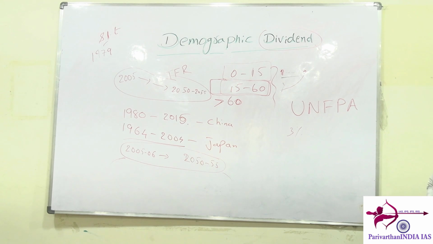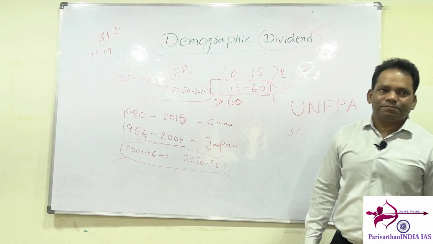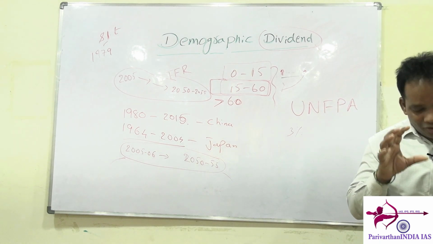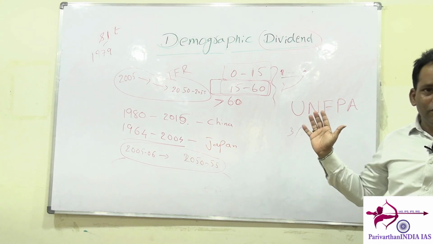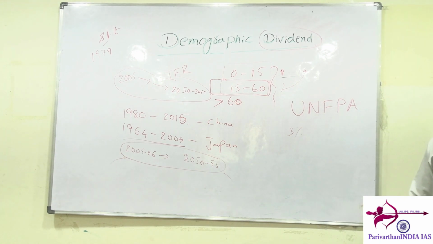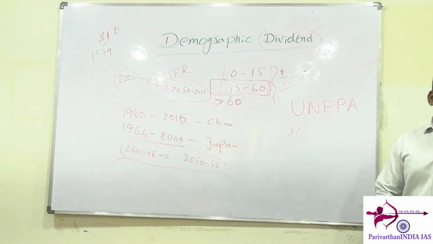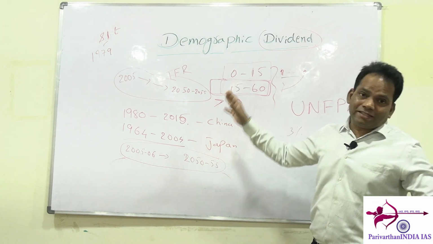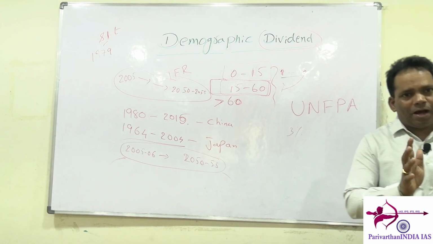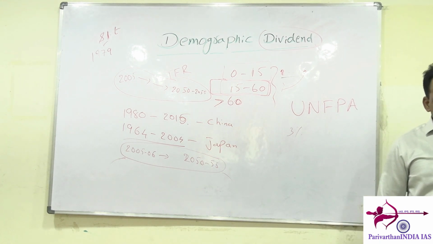So look, by the end of this demographic dividend phase in China, it became the second largest economy on earth. However, within 10 years, it is going to surpass the US as well. So China has ideally utilized the demographic dividend present in its history. The same phase, the same opportunity is before India. Yes, it is before India.